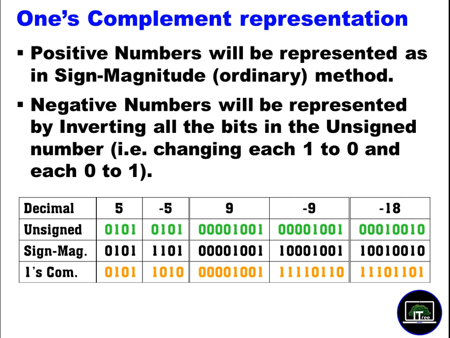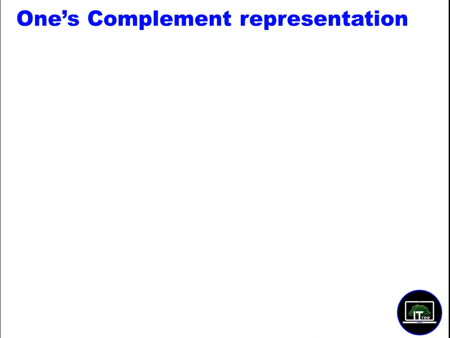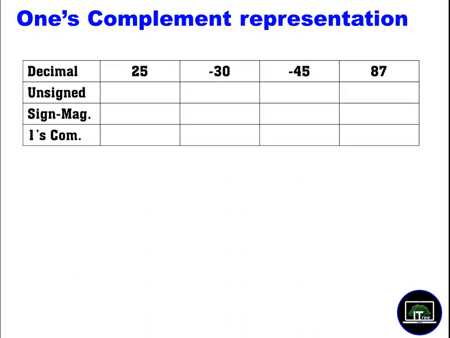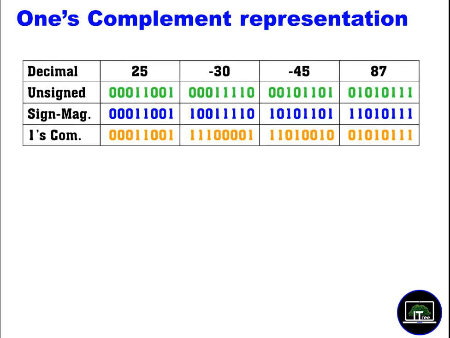In one's complement, what you should remember is we are inverting the bits in the number. Positive numbers will be represented as they are. Okay, now we try a little bit more. Positive 25. Can we represent it in unsigned, sign magnitude and one's complement? This is the one you get.